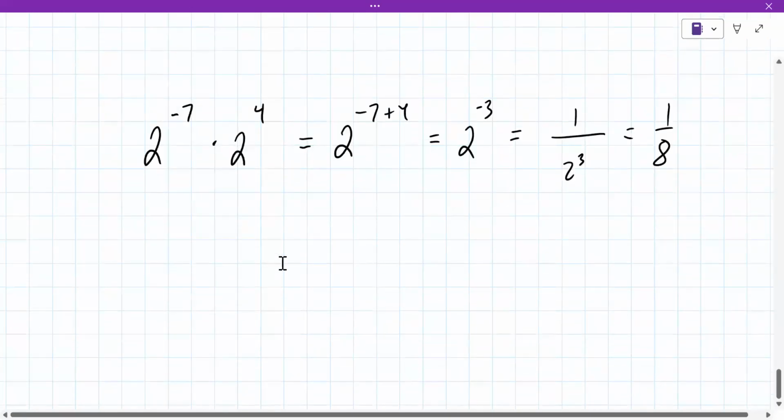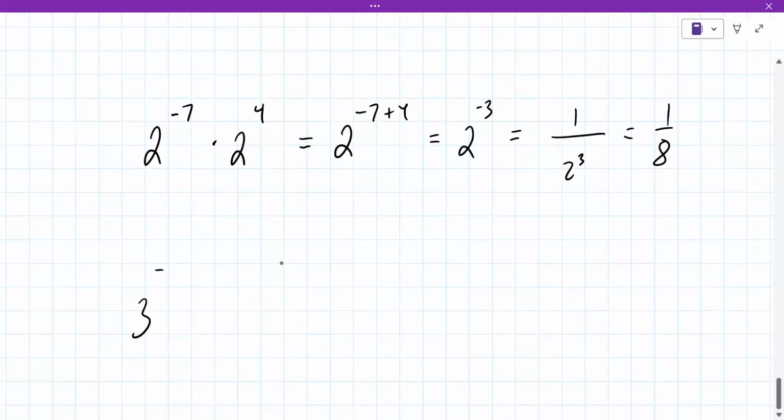So let's do another one here. Let's see if you can do this one correctly. 3 to the minus 4 times 3 to the fifth power. Go ahead and try this one for me, please. 1 over 3 to the negative fourth.